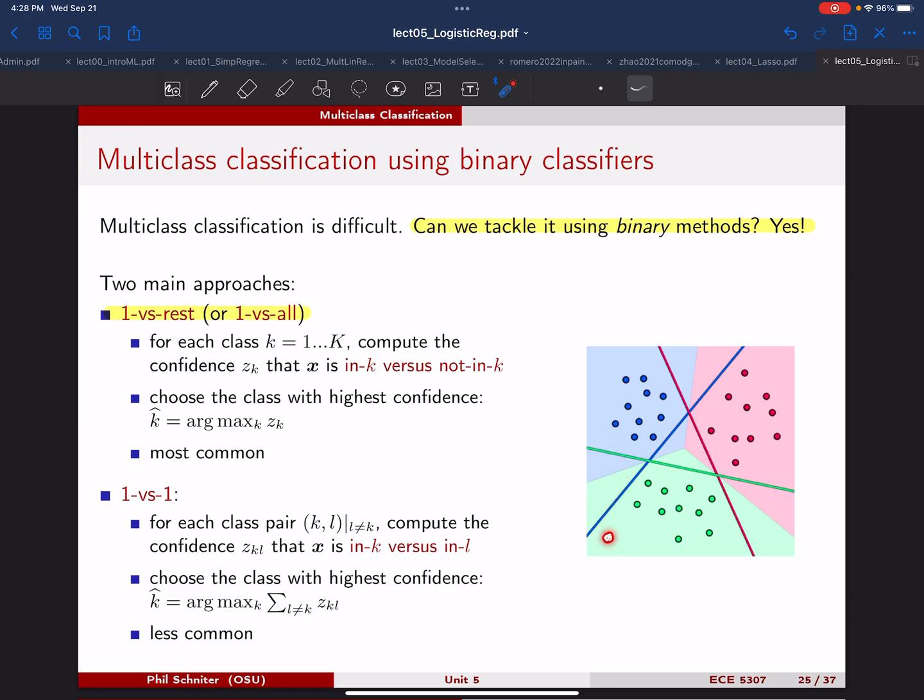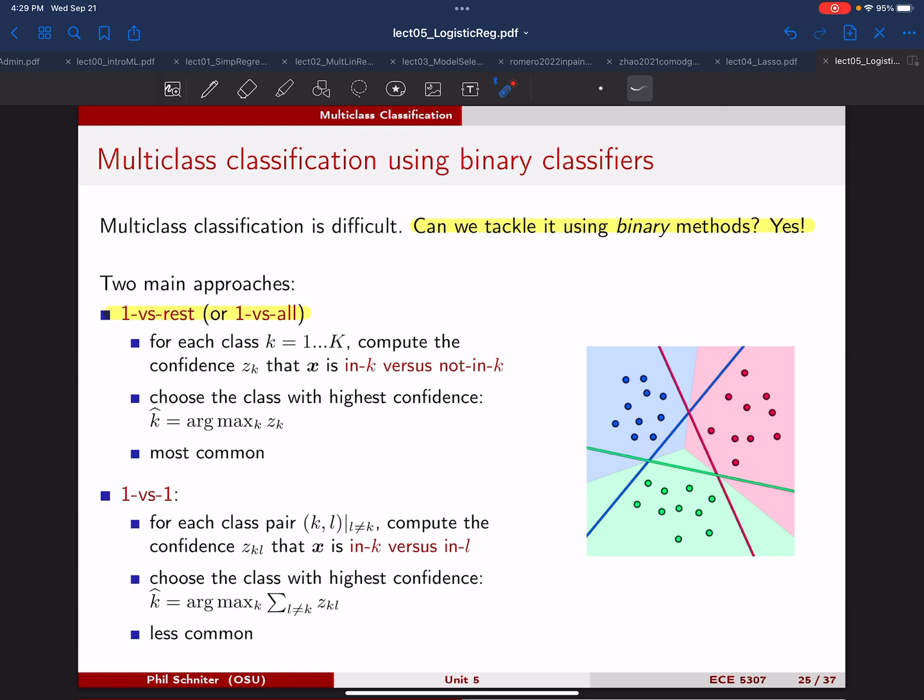So I'm pretty confident that that is green. And for red, I'm pretty confident that it is not red. So those are the outcomes I get for those three individual classifiers. One approach is to look at those three different scores, and whichever score is largest is the one with the highest confidence. Let's choose that one.